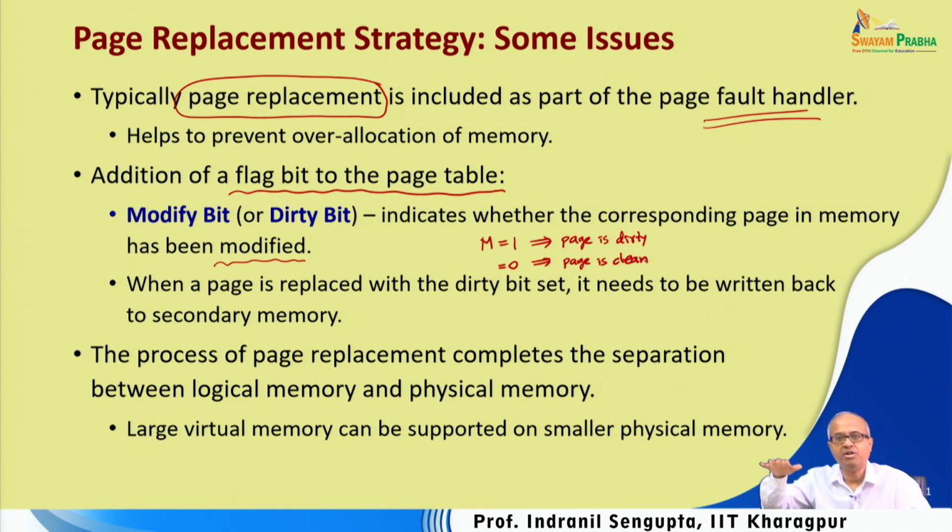So, initially all the page table entries will be having their m bits equal to 0, they are clean, but whenever there is a write, the corresponding bits will be set to 1, right. So, when you find that the victim page you have selected has its m bit set to 1, you will know that it is dirty. So, it has to be written back. Okay. So, this process of page replacement, this I talked earlier also, this completes the separation between logical address space and physical address space.